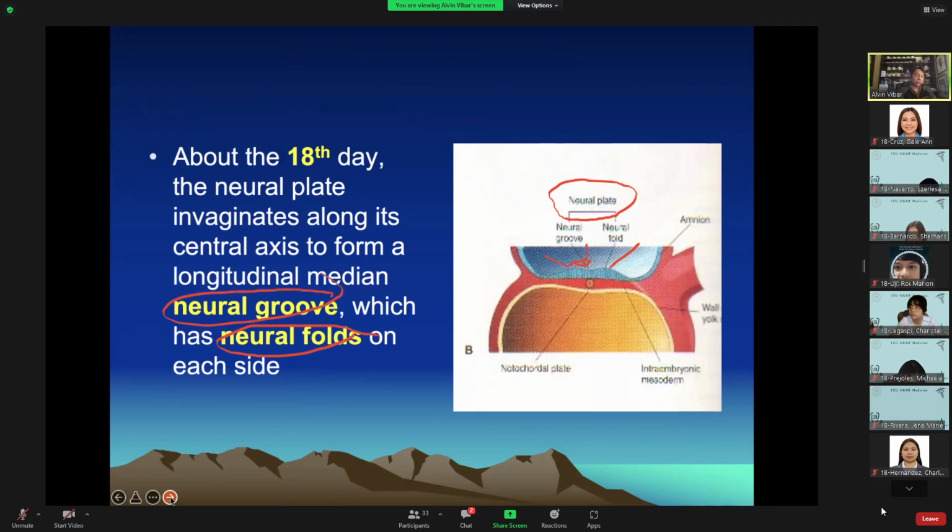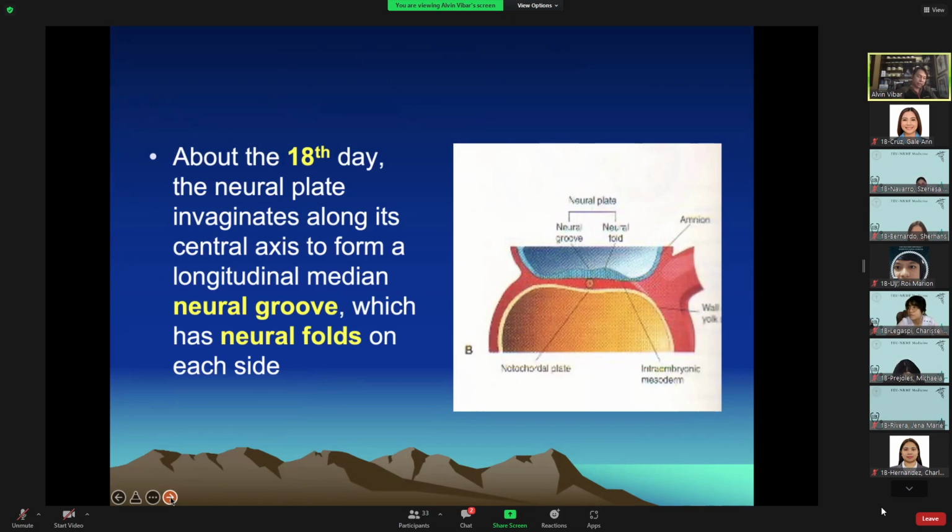Again, on the 18th day, the neural plate will invaginate along its central axis to form a longitudinal median neural groove and neural folds on the sides. Take note that you're going to see three colors here. The blue represents ectoderm, the red one represents mesoderm, and the yellow one represents endoderm.